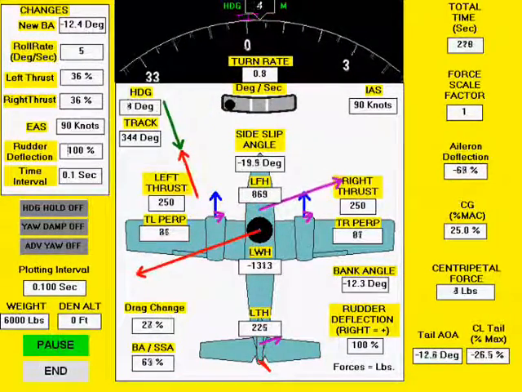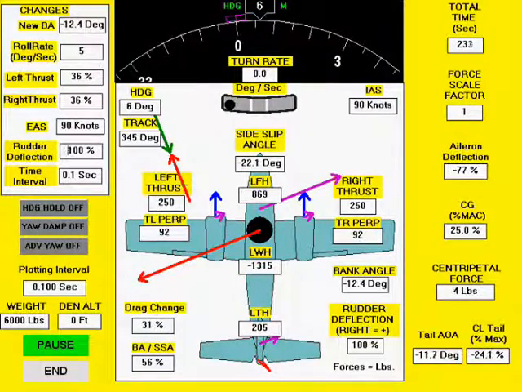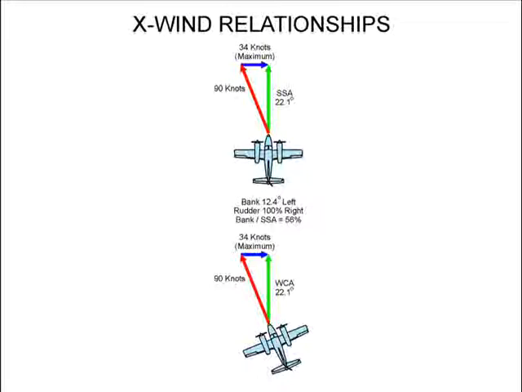In this case, the bank angle is 56% of the side slip angle. In this maximum slip crosswind correction case, we see that the bank angle is 56% of the crab wind correction angle.